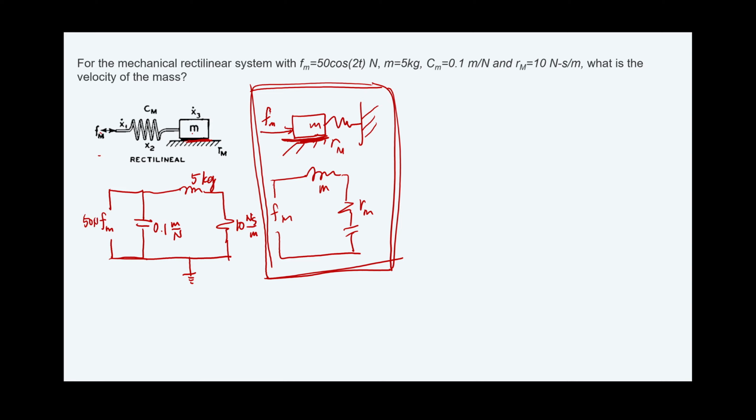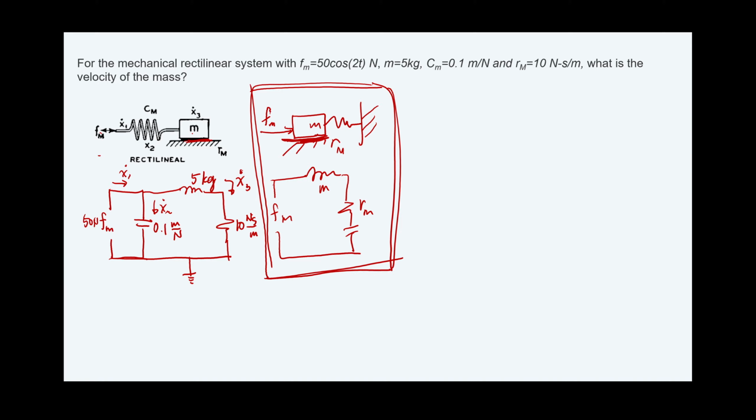Now, how do you solve this problem? Our goal is, what is the velocity of the mass? Now, the x3 is here. This is x1, and then this is x2. Be careful with that, no? Because if you notice, this is a spring.